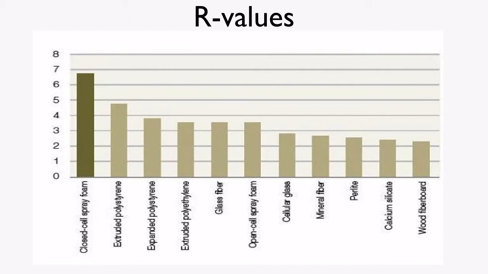But if you ask what's the R per inch, whether you're talking about a higher density blown-in insulation, cellulose or fiberglass insulation, or open-celled polyurethane spray foam, they have very, very comparable R values per inch, around 3.6, give or take a little bit. So that's not where you're going to see a performance difference, and there are other considerations that you may make.